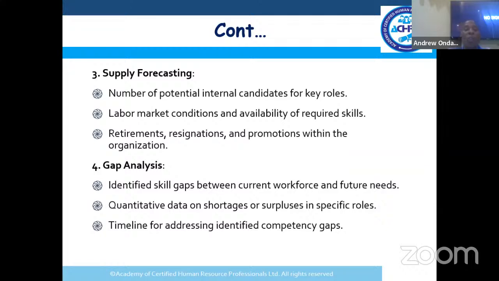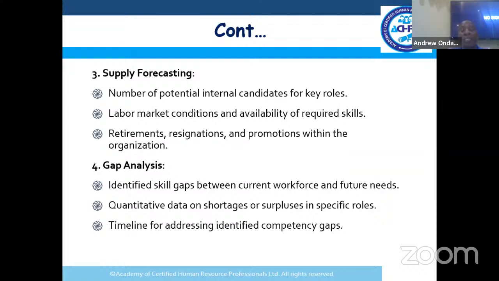And therefore, if you look at point 1 under gap analysis, you will see that this is a way of identifying the difference between the current workforce and the future needs. So if you compare these two, you will identify those two gaps. One, a surplus, or two, a deficit.